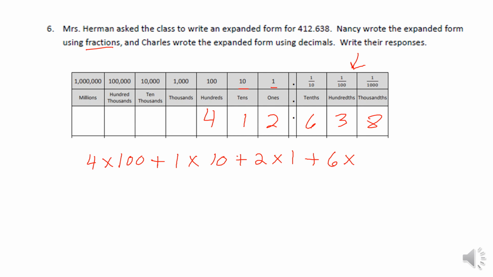Now I'm writing Nancy's, who did it in fractions, so I'm going to go 1/10 plus 3 times the 1/100ths plus 8 times 1/1000ths. And this one over here was Nancy.